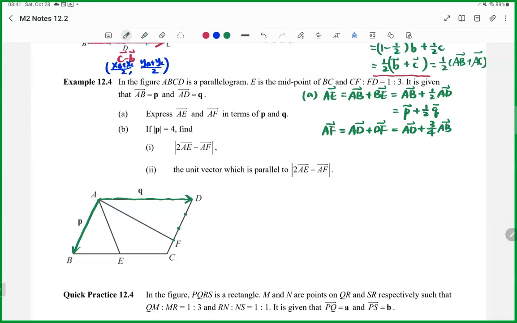Yes. 3/4 of AB. So this is equal to Q plus 3 over 4 P.